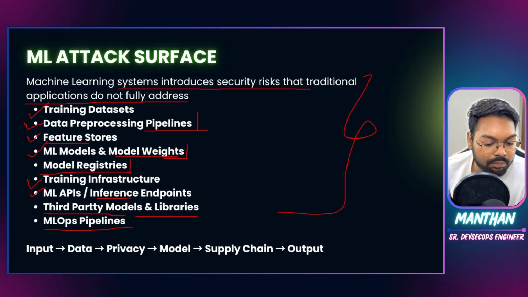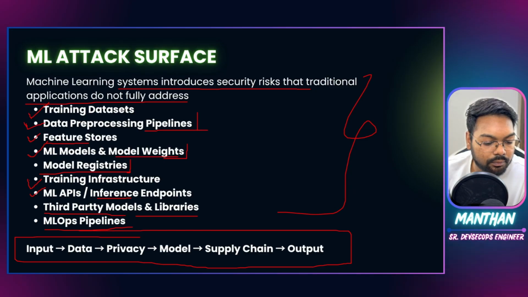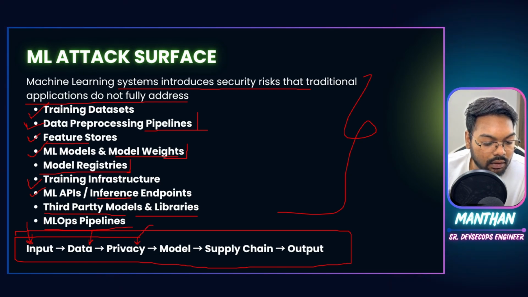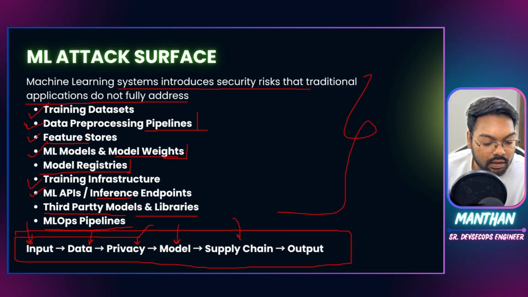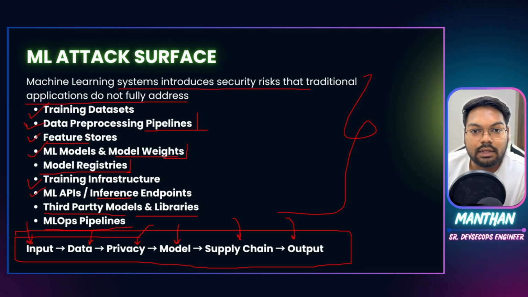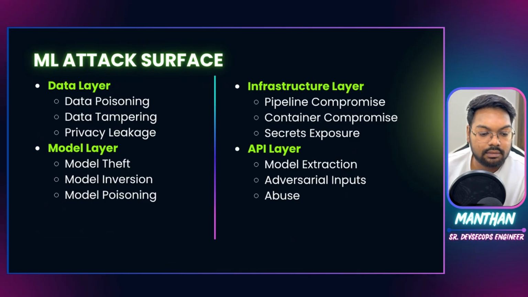So just remember this as a mind map wherein input is one attack surface, then the data that is stored is another attack surface, then the privacy of data or it getting leaked is again one concern for us, then the model, the supply chain, and whatever output it generates are different attack surfaces that we get to see in the machine learning case.